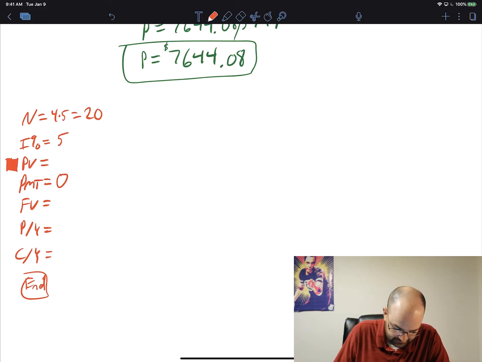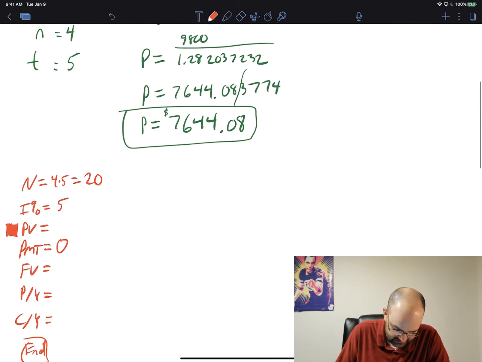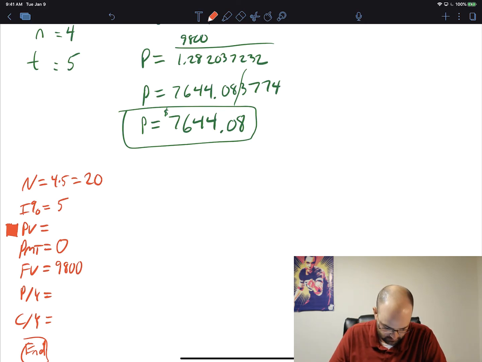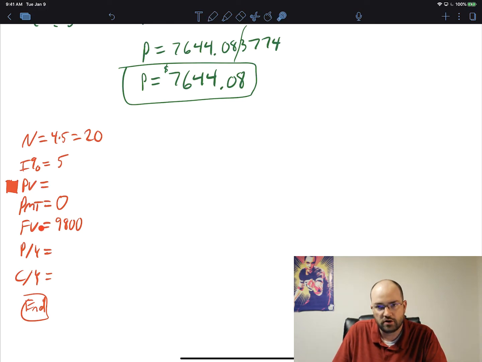In this case, the future value is $9,800, but make sure that's going to be positive. You can say positive or negative, doesn't really matter in this case. As long as PV or FV are of opposite sign, or PMT and FV are of opposite sign, or PV and PMT are of opposite sign. There has to be a change in sign in here somewhere.